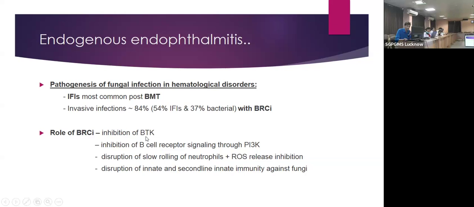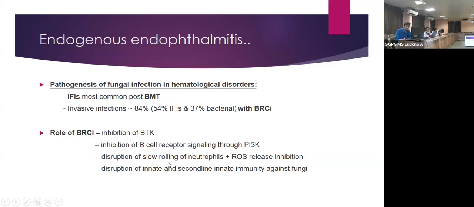These all inhibit the BTK, one type of tyrosine kinase, and that in turn inhibits the B cell receptor signaling, that is the BCR, and through this, again utilizing another kinase that is present in neutrophils, this all disrupts the slow rolling of neutrophils over endothelium and reactive oxygen species release.